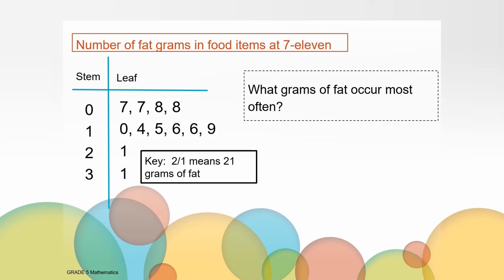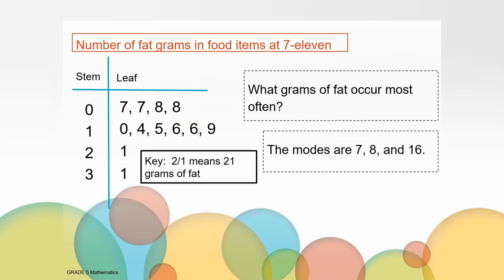Did you say 7, 8, and 16? This stem and leaf plot has 3 modes because the 7, 8, and 16 occur the most. Data sets can have more than one mode or they can have no mode.